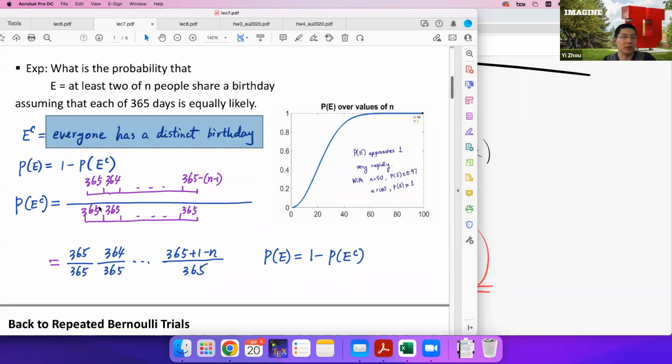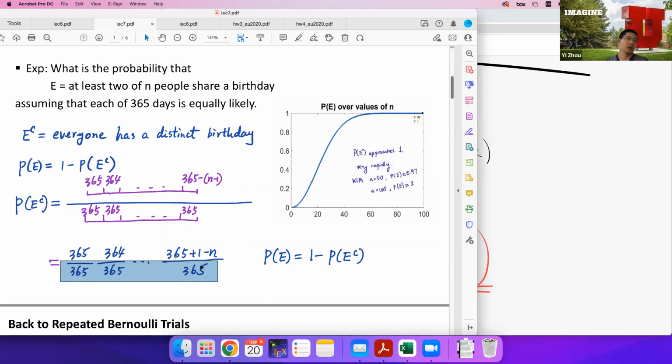So we can just consider the total number of cases. So we have n people. The first person can be born over 365 days. The second person can be born over this many days. So this denominator corresponds to the total number of scenarios, the birthdays, of all these different people.